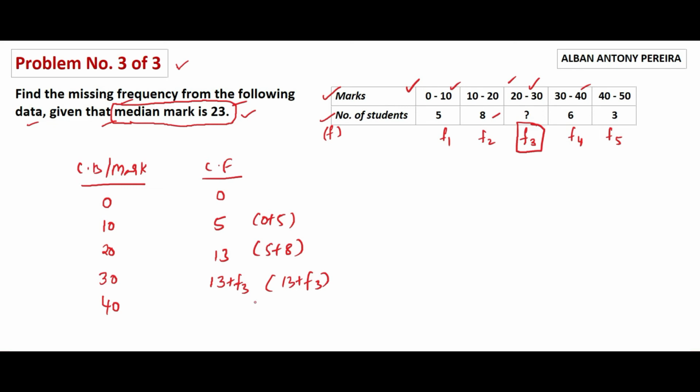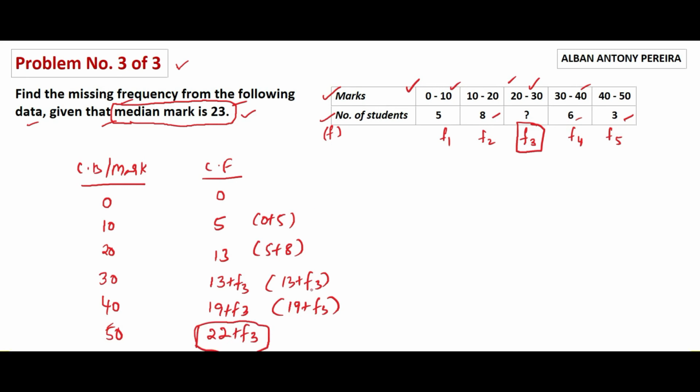It will be 6 plus 13, that is 19 plus F3. The last mark is 50, so add 3, 3 plus 19 will be 22, 22 plus F3. So 22 plus F3 is the final cumulative frequency.